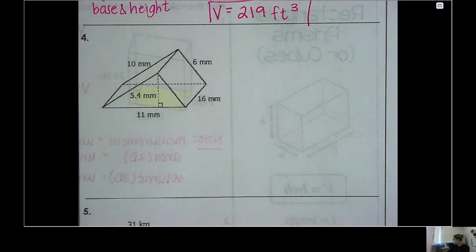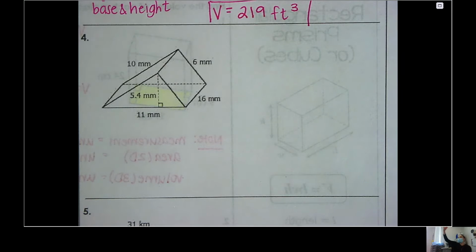Which two are exactly the same? What shape is the same on the top as it is at the bottom? Two shapes that are parallel. It's a triangle. Yeah, this is a triangular prism.